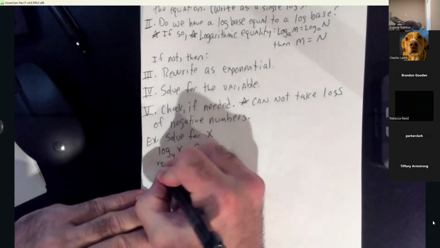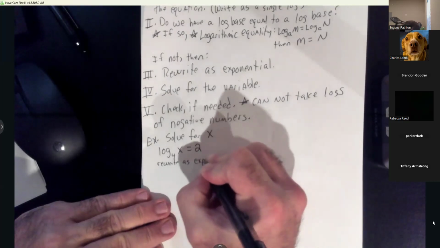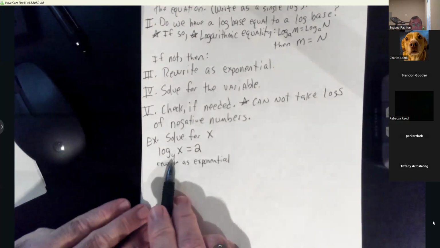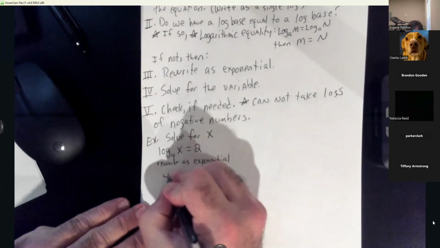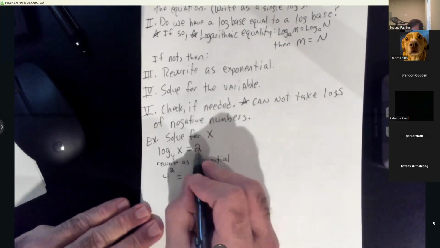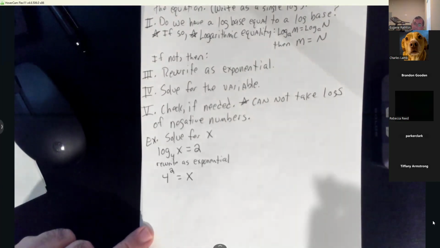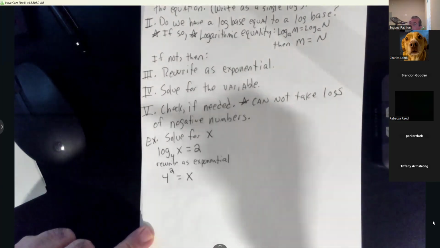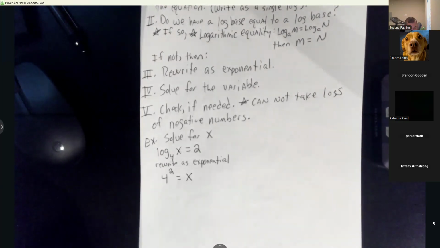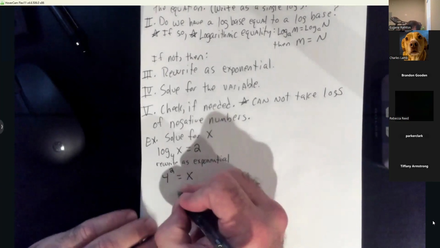So my base is 4. My exponent is a 2. And 4 squared equals x. All right, y'all, so one more step is to figure out what 4 squared equals. So what y'all putting there for x?